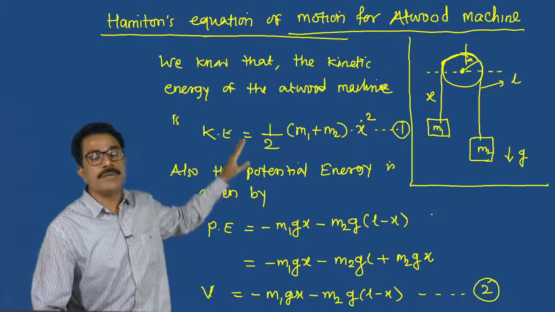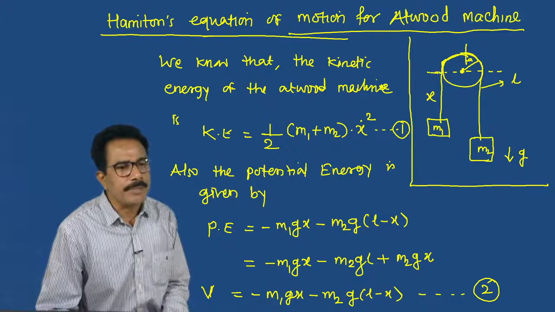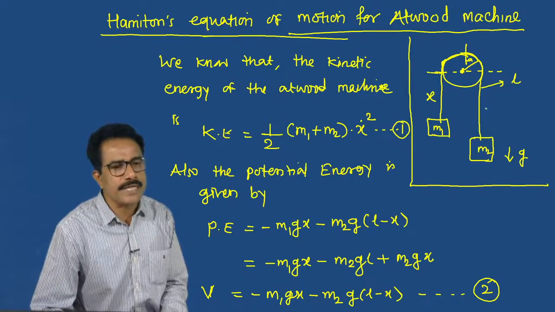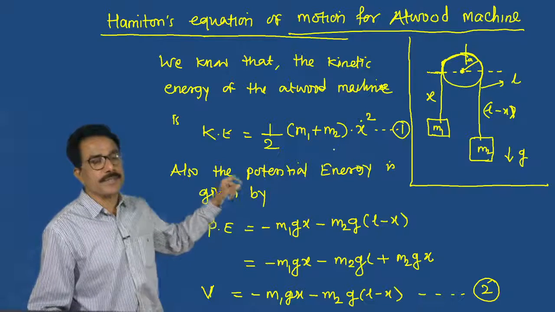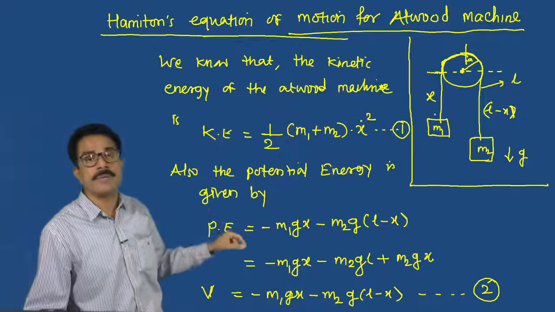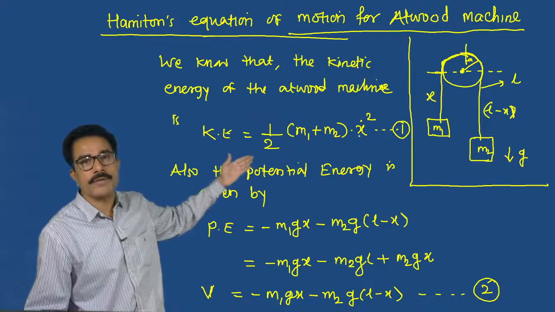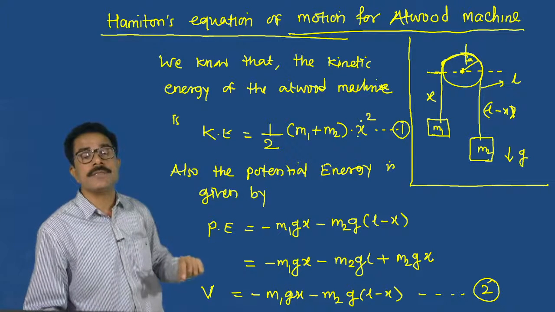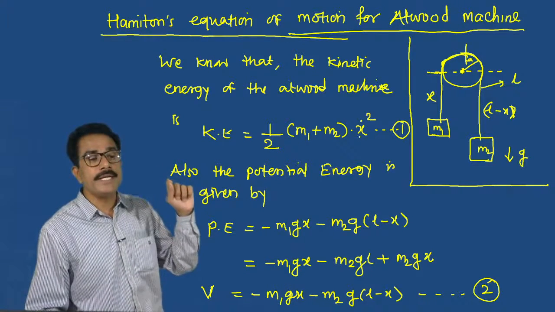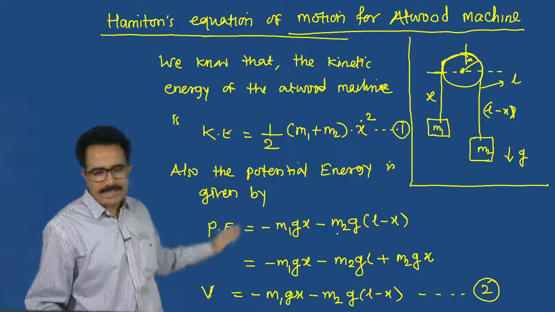पण लक्षात ठेवा, Atwood machine ही जी लेंथ असते ती x असते. ही जी लेंथ इथून इथपर्यंतची ती x असते. So this length is L minus x. आणि मग याच्यावरनं कायनेटिक एनर्जी मीन्स रेट ऑफ चेंज ऑफ डिस्प्लेसमेंट ऑफ x. सो (m1 प्लस m2) इंटू v स्क्वेअर, म्हणून इथं x dot स्क्वेअर. v म्हणजे वेलॉसिटी, वेलॉसिटी मीन्स रेट ऑफ चेंज ऑफ डिस्प्लेसमेंट. सो dx/dt इट इज डिनोटेड बाय x dot. Potential energy same.